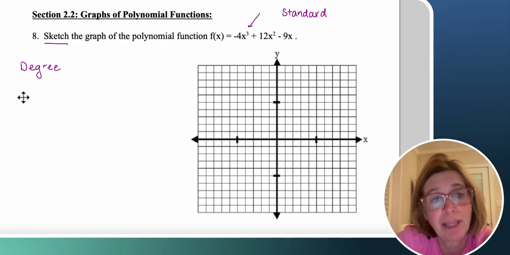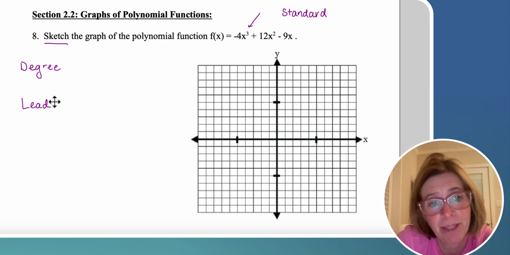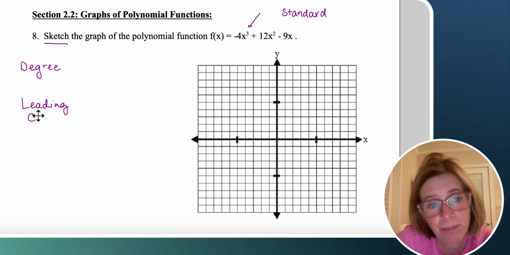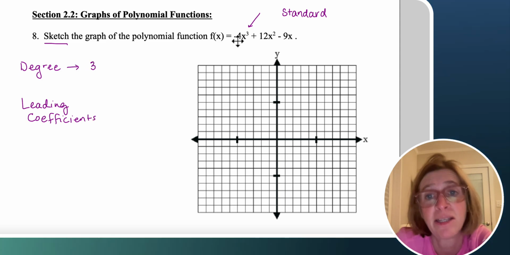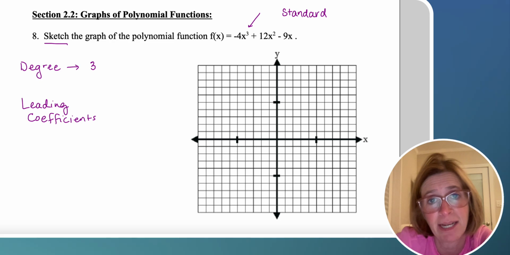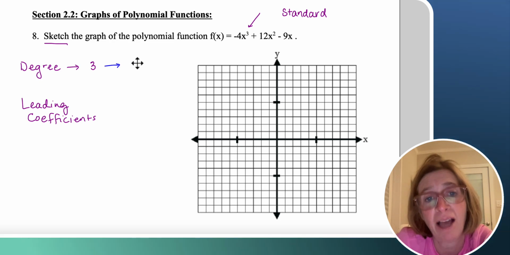and whether the leading coefficient is positive or negative. So the leading coefficient, you want to determine if it's positive or negative. So this is degree 3 because the highest power is 3 and it's in standard form, which means it's an odd degree. The leading coefficient, the number in front of that, is negative.